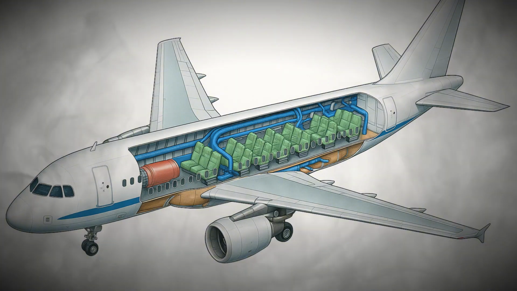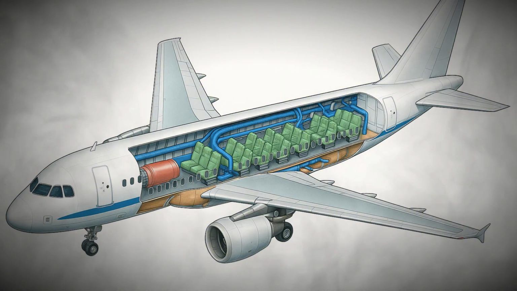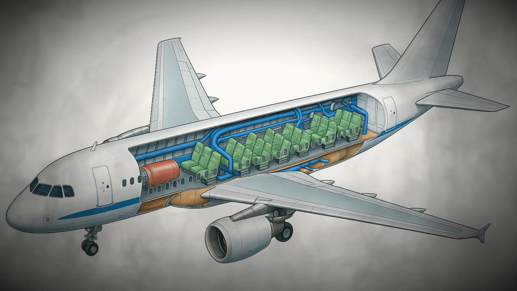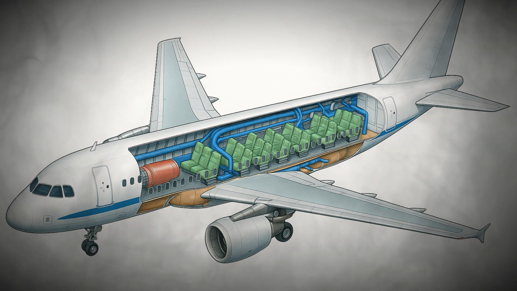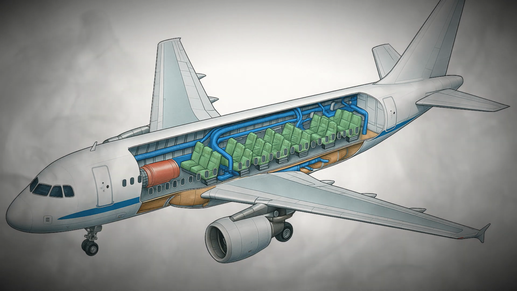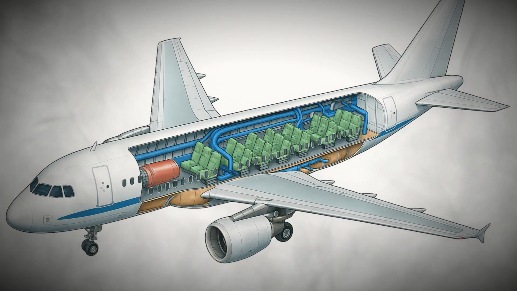The interaction between stability, which keeps the airplane steady, and control, which allows intentional maneuvering, is what makes practical flight possible. Without this balance, airplanes could not operate predictably or safely.